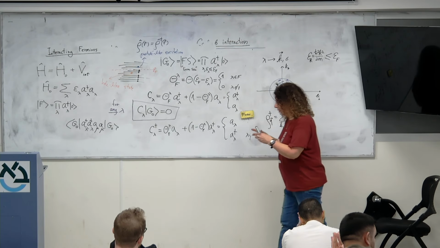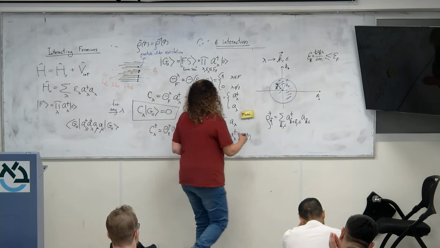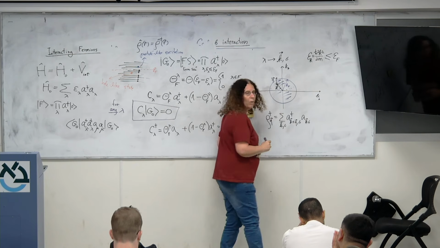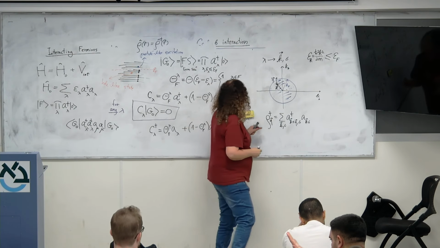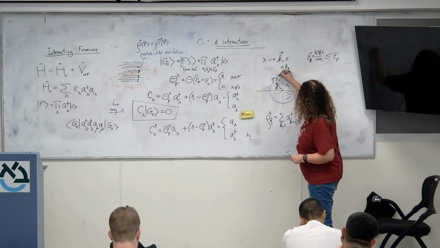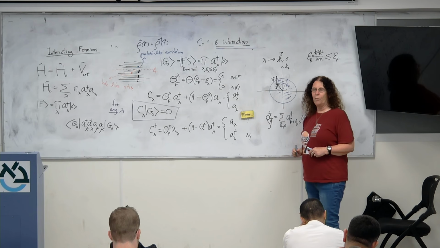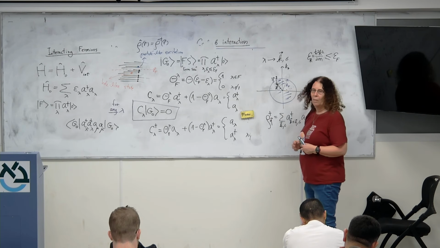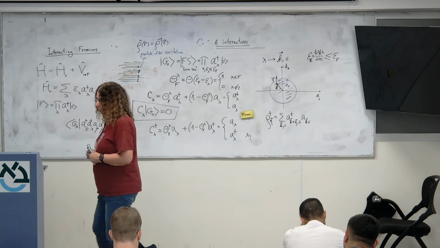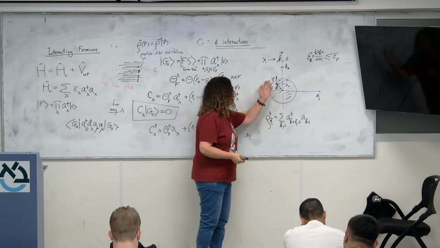But if it's not, I can have excitations that take me outside. Let's assume this is Q, okay? So it can create a hole at K and create a particle outside of the Fermi sphere at an excited momentum. Of course, for some Qs I will get something, some others I will not.